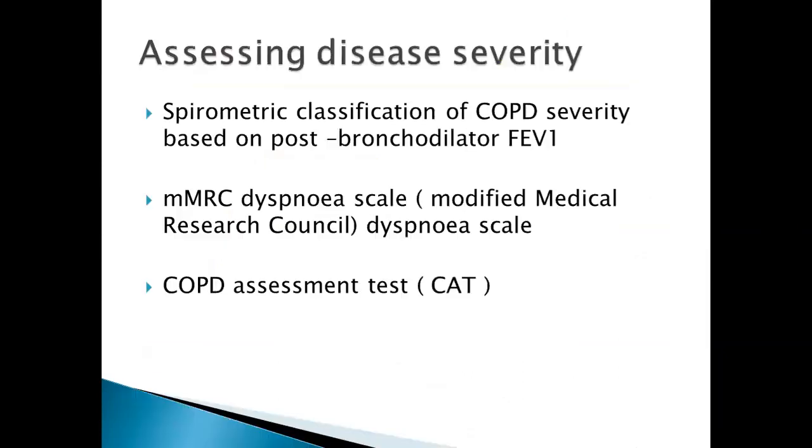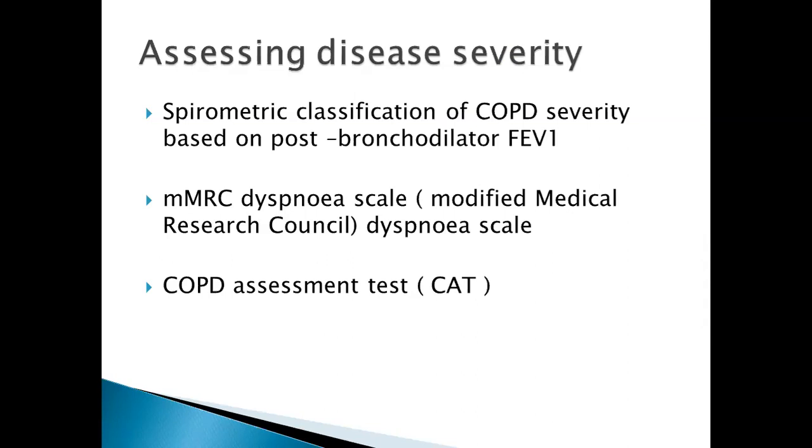or you're dealing with asthma. And so to assess the severity of the disease, you can either use the spirometry or use clinical scoring. And then the 3 scoring tools that they use, we have the spirometric classification of the COPD severity based on the post-bronchodilator FEV1.